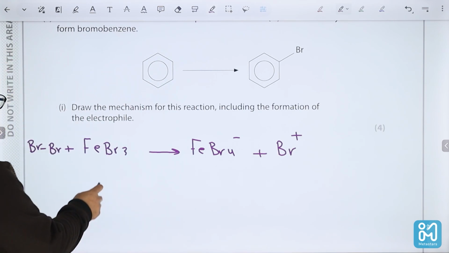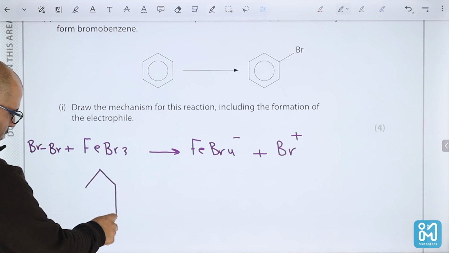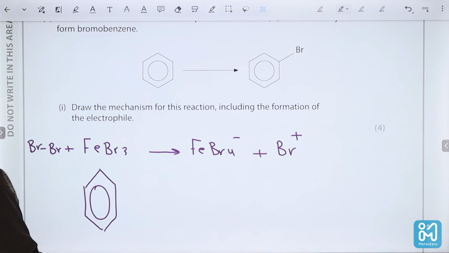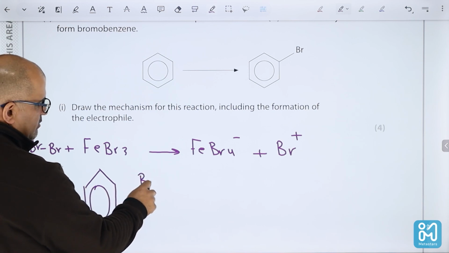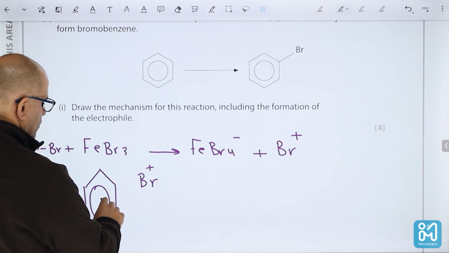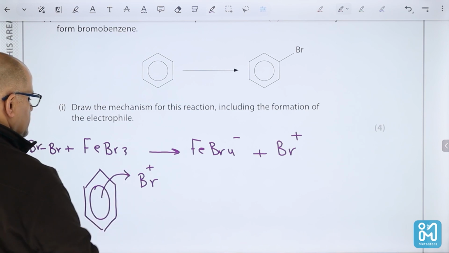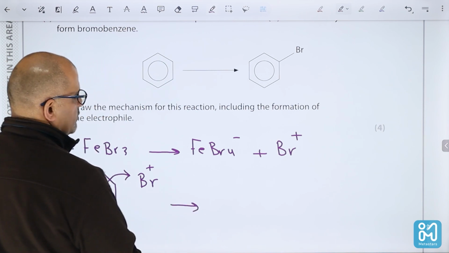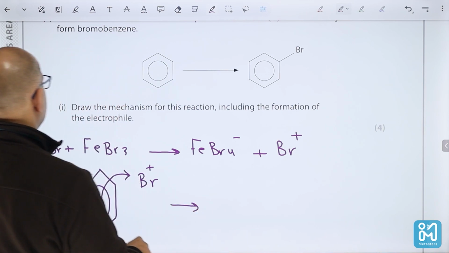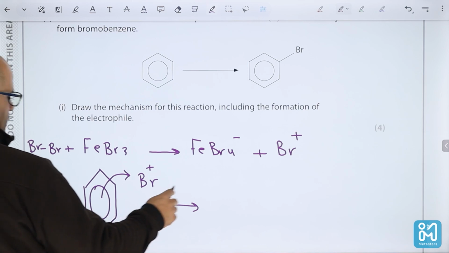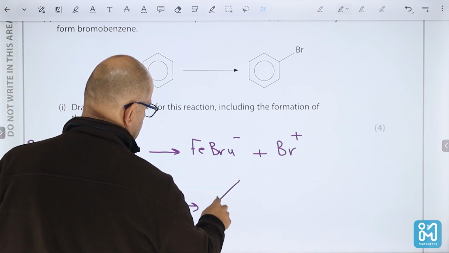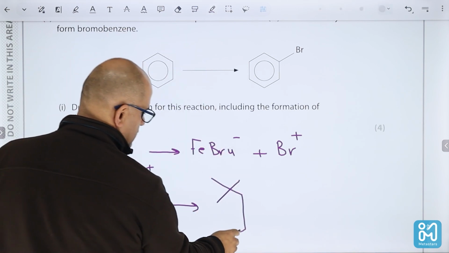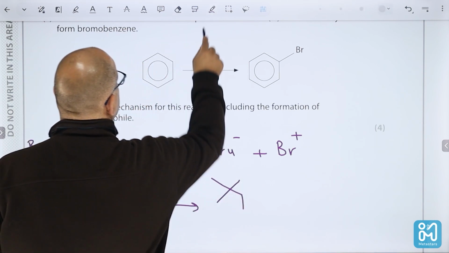Then the ring that is rich with electrons donates 2 electrons to Br, and this will form the intermediate, which is like that.